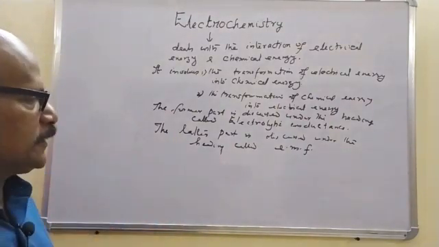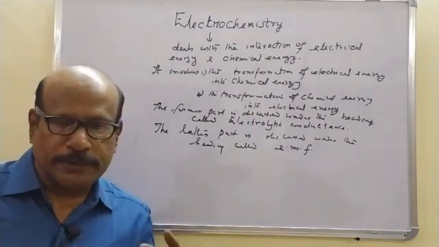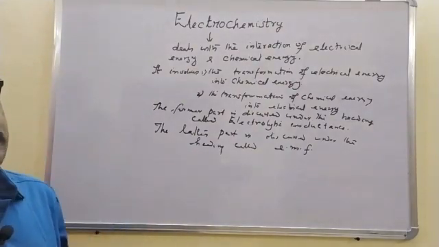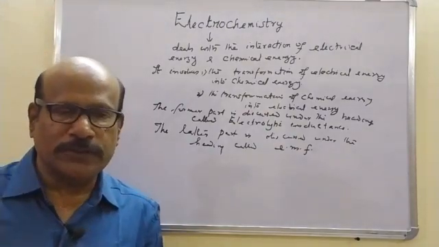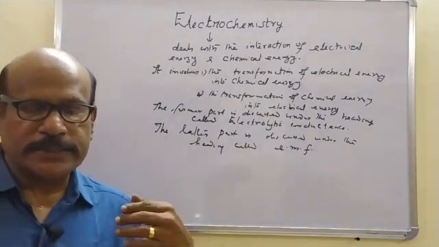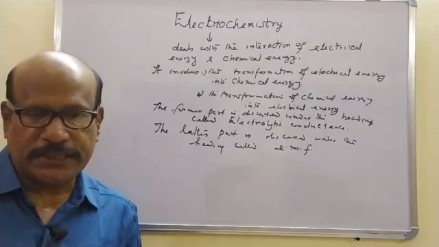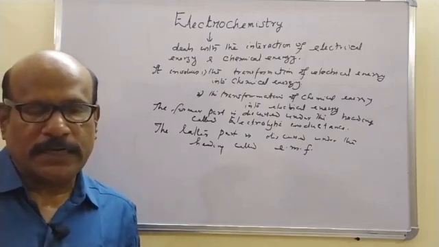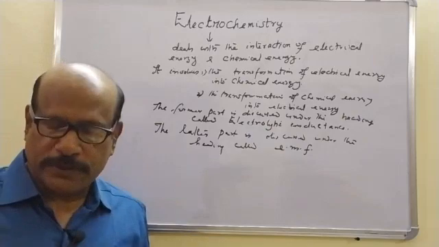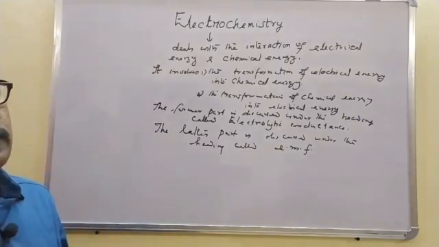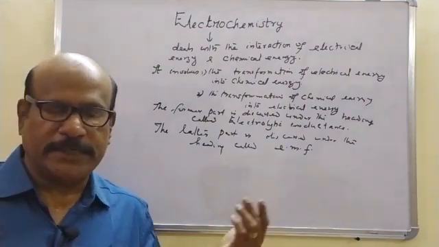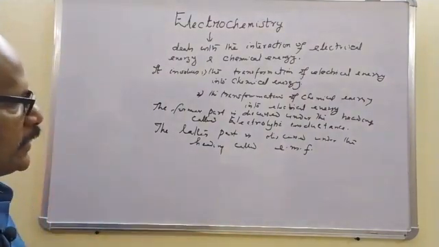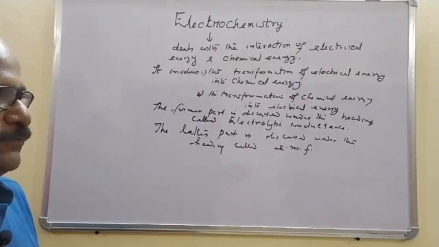And the second aspect, the transformation of chemical energy into electrical energy, is discussed under electromotive force, where we discuss the thermodynamics of galvanic cells, various types of galvanic cells, concentration cells, etc., and also the fuel cell. All these, and the applications of EMF, are discussed under the heading called EMF.